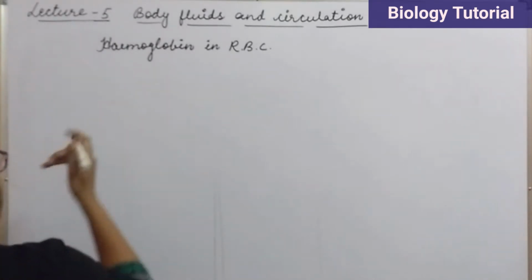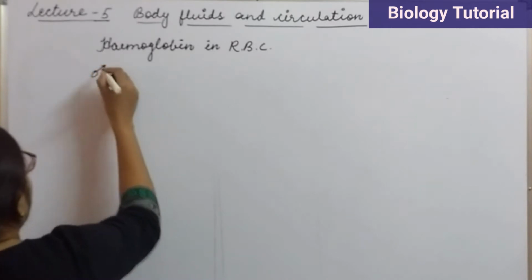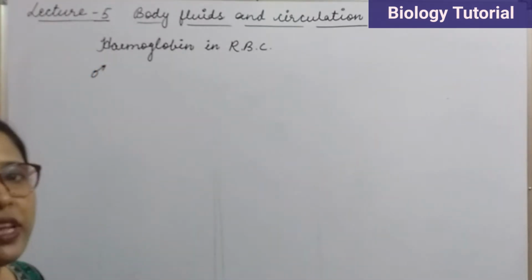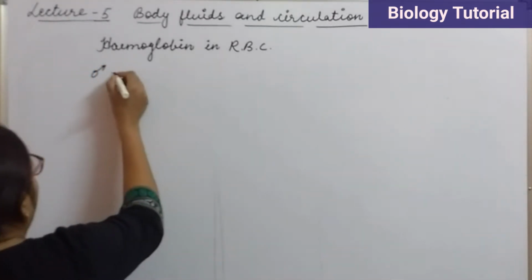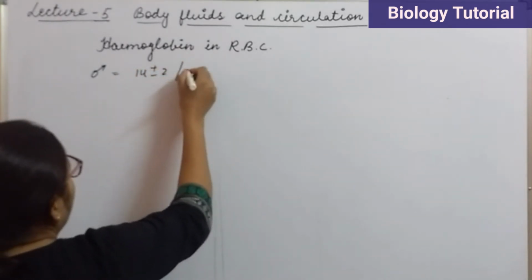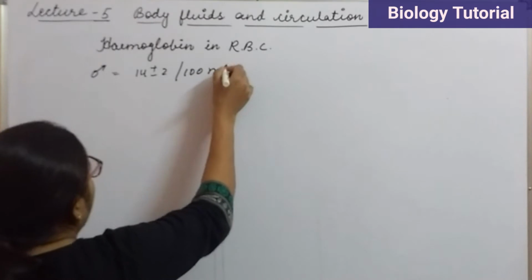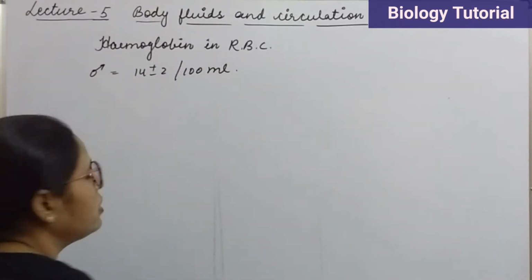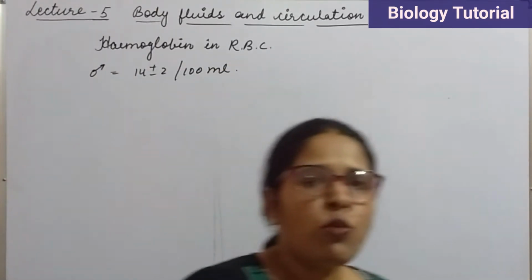In case of males, the amount of hemoglobin in blood is about 14 plus minus 2 per 100 ml of blood. Clear? What is the amount of hemoglobin in males?